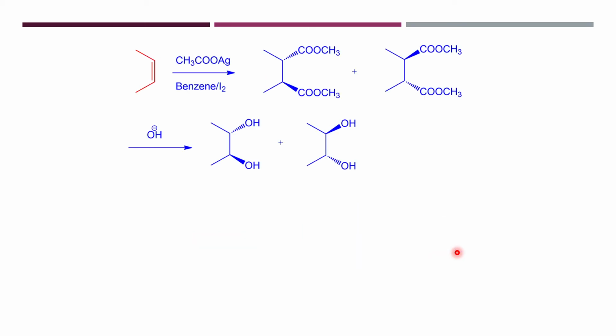Next, if you're using the cis-2-butene, obviously the product over here is going to be a DL pair of the 1,2 trans dicarboxylate, which on further nucleophilic attack by the base over here at these esters will lead to the formation of the trans 1,2 diol. Okay.